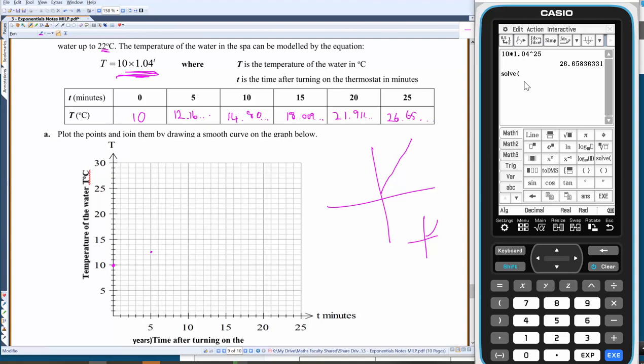So solve 22 equals 10 multiplied by 1.04 to the power of x, and solve for x. This is basically asking the calculator for what value of time or x will you get to 22 degrees. And that's after 20.1 minutes. So let's sketch that in here. So this is roughly when it hits 22 degrees.